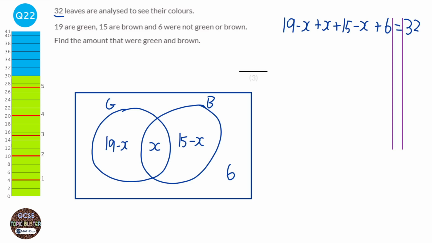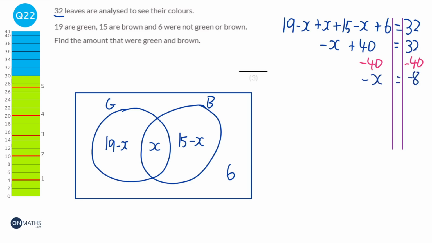So we've got minus x and minus x, so that's minus 2x. And we've got 19 plus 15 plus 6, which will be 40, equals 32. We're going to take away the 40 both sides. And we can just times by minus 1 both sides to make them both positive.